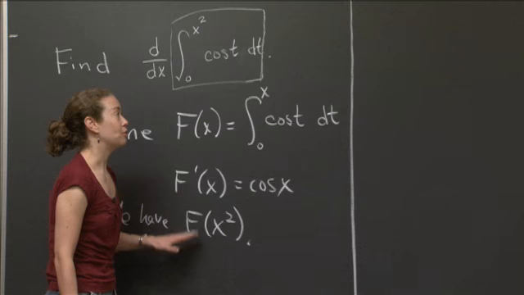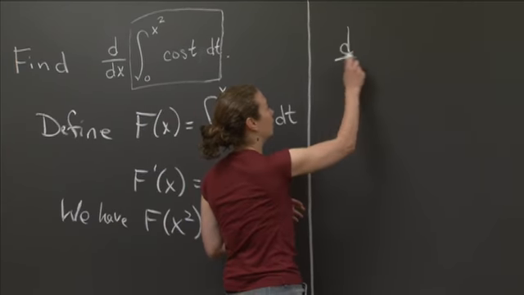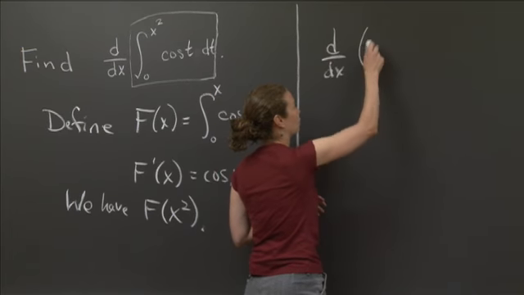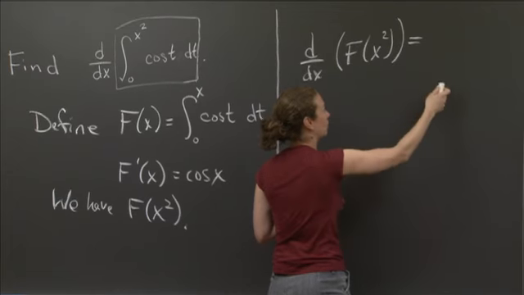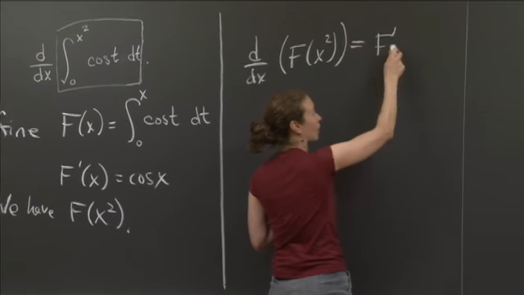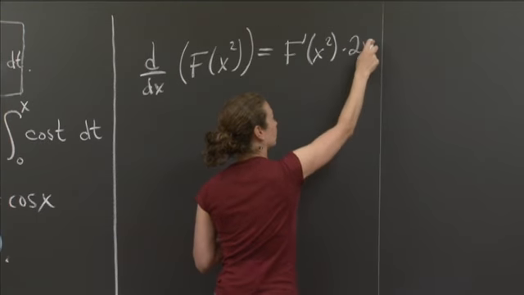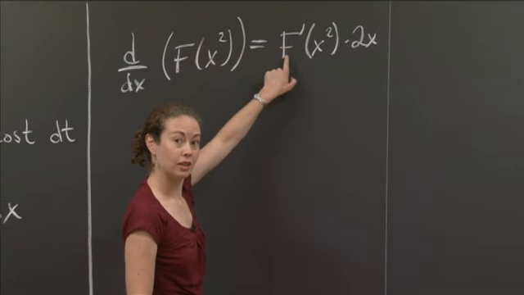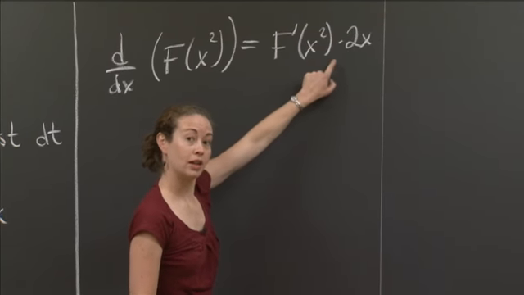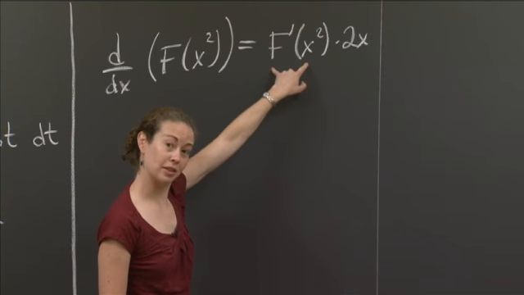So d/dx of F of x squared should be equal to F prime evaluated at x squared times 2x. It's the derivative of F evaluated at x squared times the derivative of x squared. So now I just have to figure out what this is.